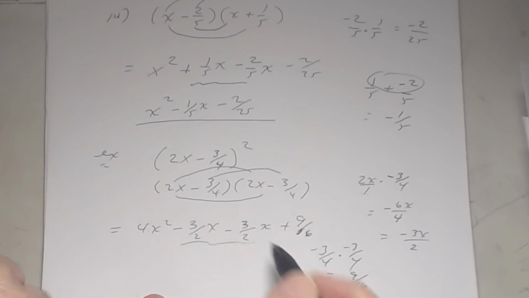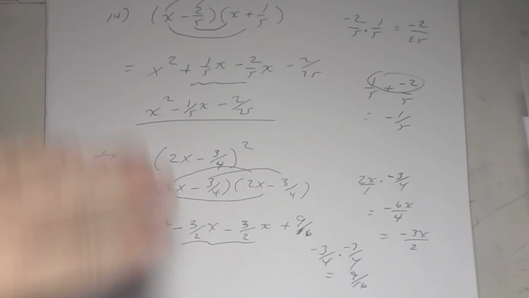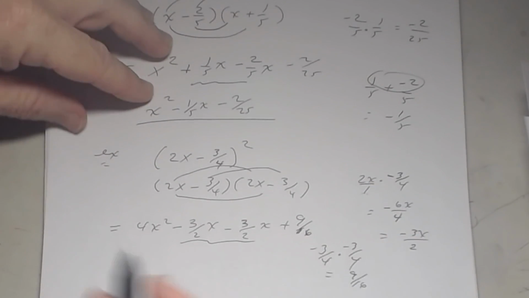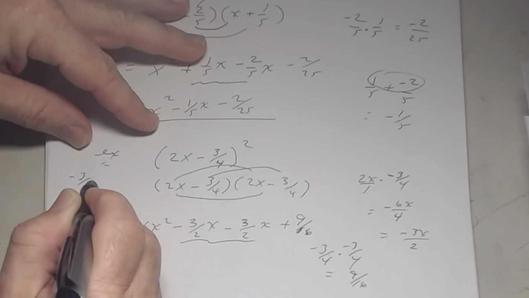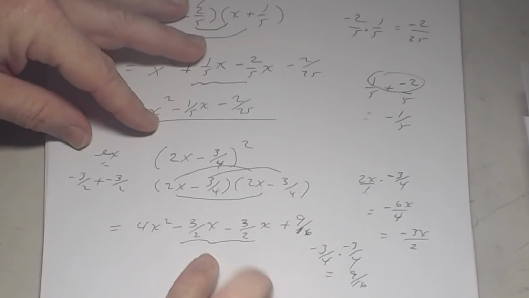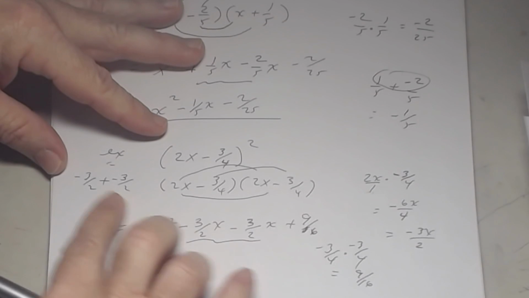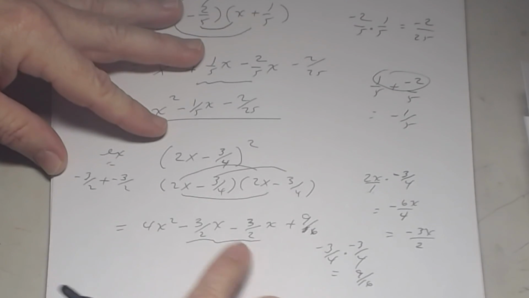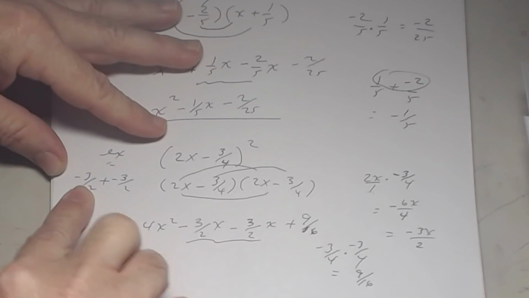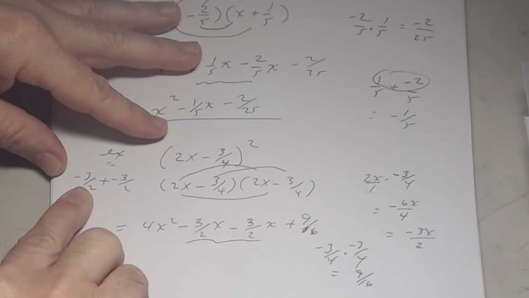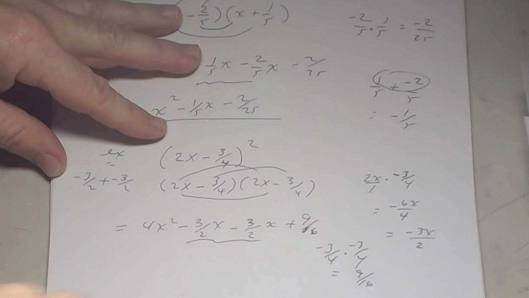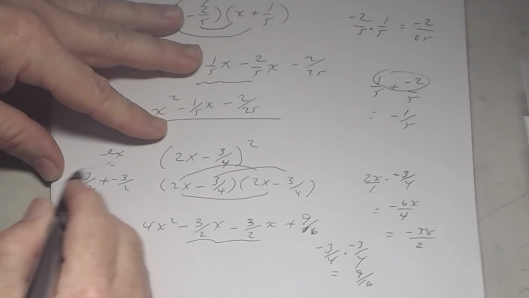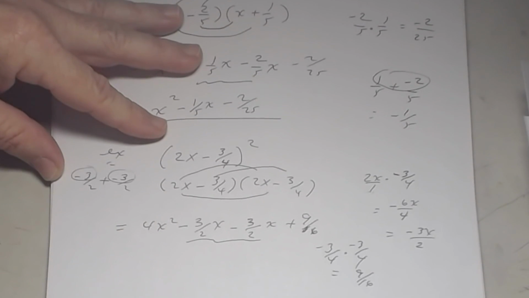Now let's combine the like terms. You may need to write this out again. So look, I'm going to do this here. A negative 3/2 and a negative 3/2 is what I have, right? Y'all agree? I'm adding two fractions with the same denominator. If the denominators were different, you'd have to find the LCD, but they're the same here. So you add their numerators together. What's a negative 3 and a negative 3?